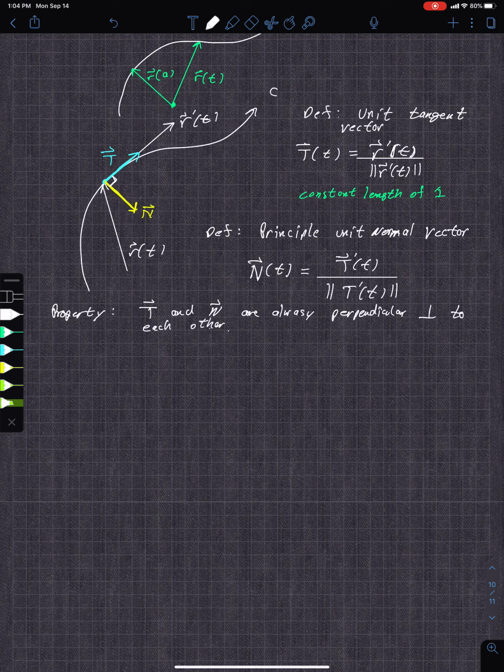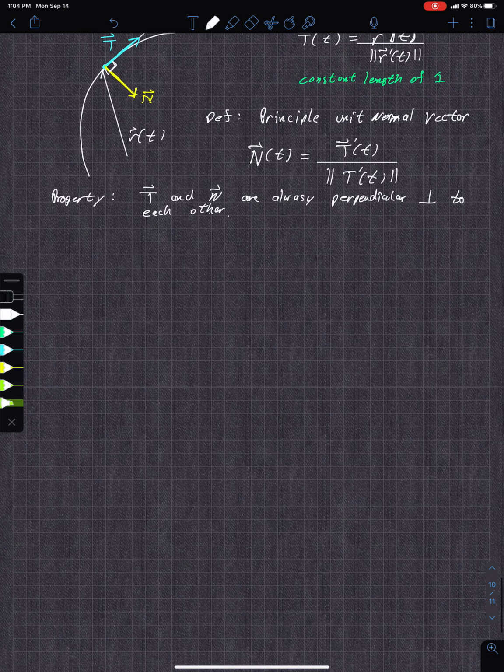To show this proof, keep in mind that the unit tangent vector always has length 1, meaning it's always constant. We did a theorem that states if the magnitude of a vector is constant and you look at the dot product with its derivative, you get 0. So check this out.